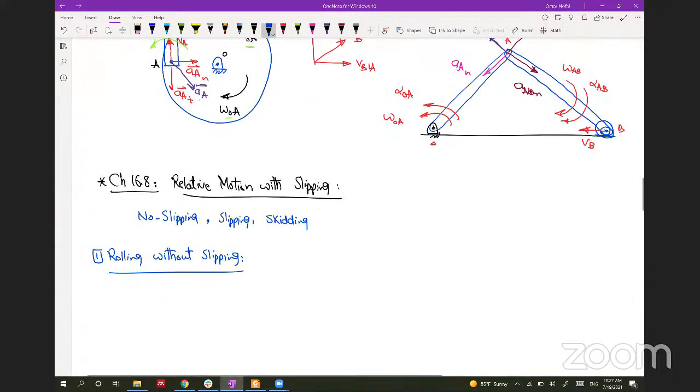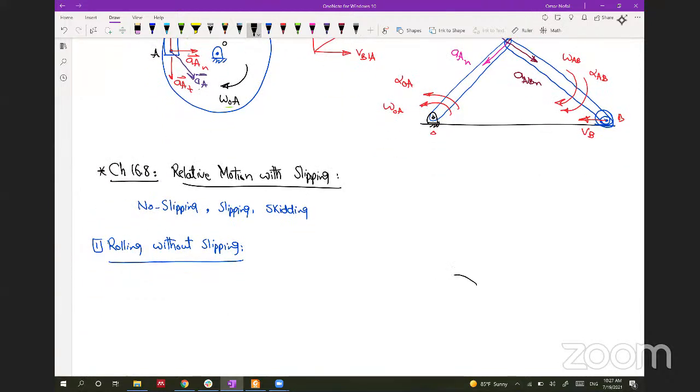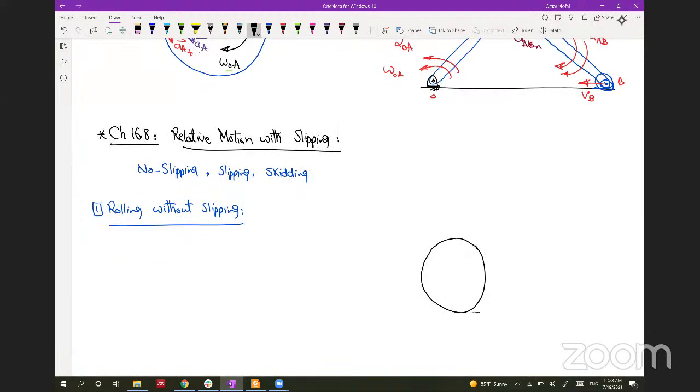Okay, let's have an example here. Let's assume that this is one of the wheels in your car, and this is the ground, and this is the center of the wheel, and you have a point B on your wheel. At time t, the wheel starts to roll like this and comes to this position.